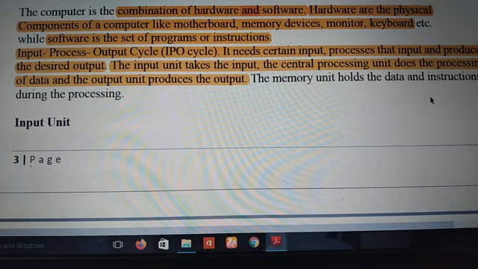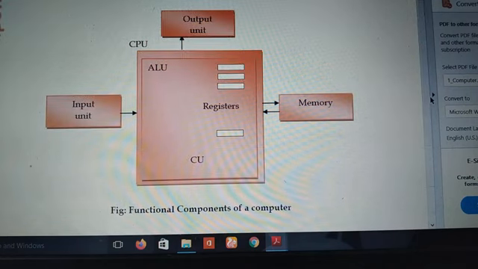The John von Neumann architecture is the most modern computer design. Here there are 5 units to perform the operation. First is the central processing unit, second is memory, third is input, fourth is output, and fifth is auxiliary memory. So here you see in this diagram, these are the functional components of a computer.